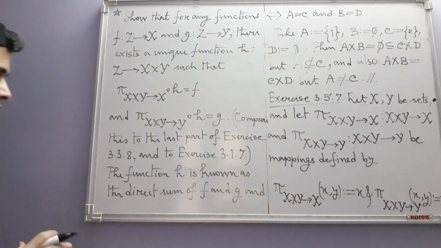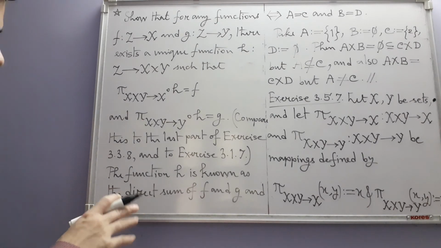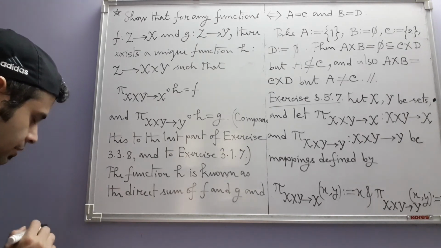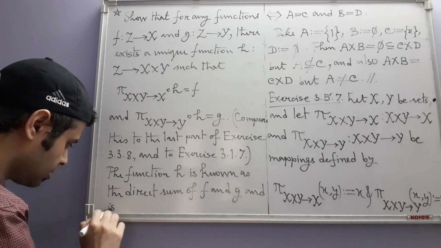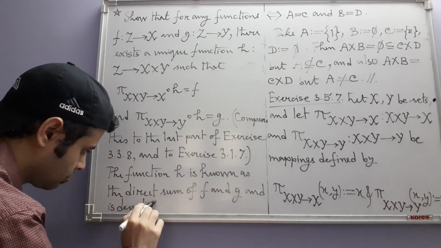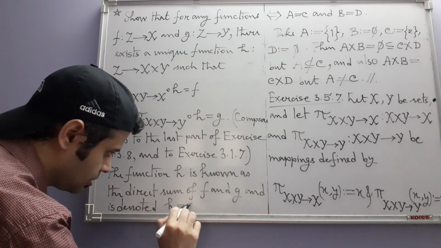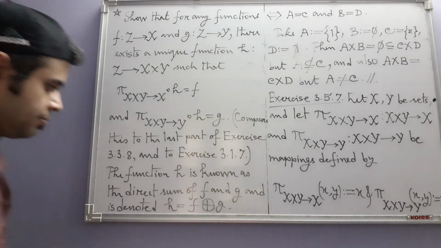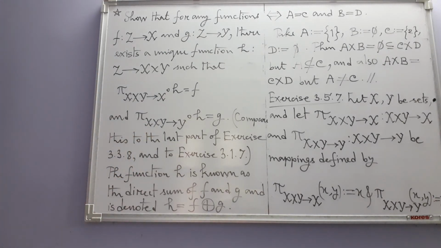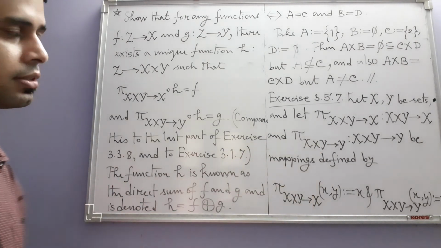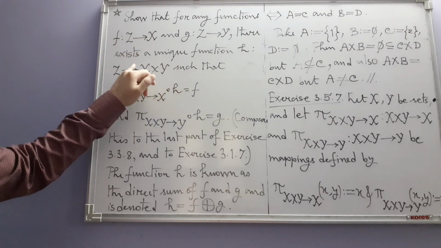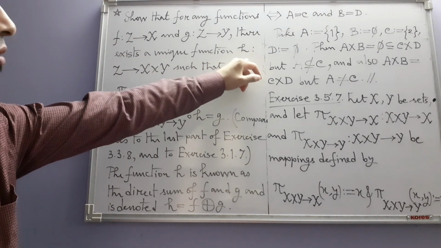Those of you who have come across this term direct sum from algebra would know this notation, and it is denoted like this. h is the direct sum of f and g. Okay, so that is the exercise. We have defined two functions, and for given two functions, we have to prove that there exists a unique function h of this form.